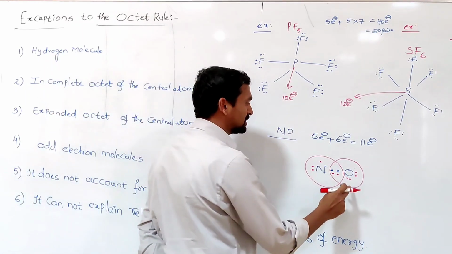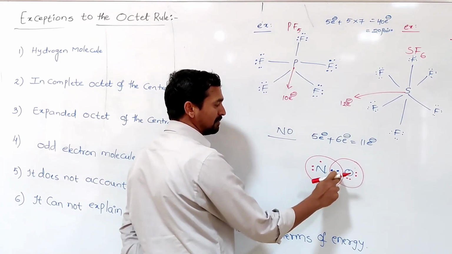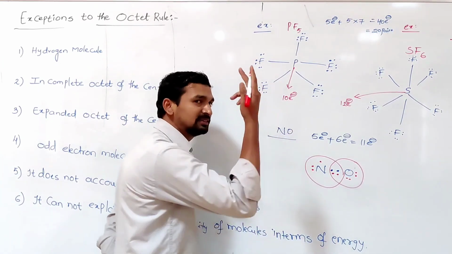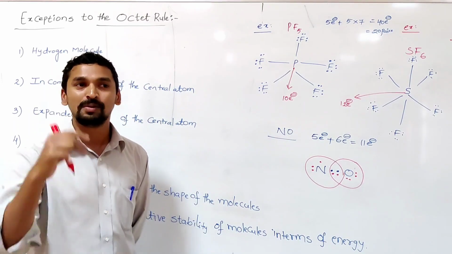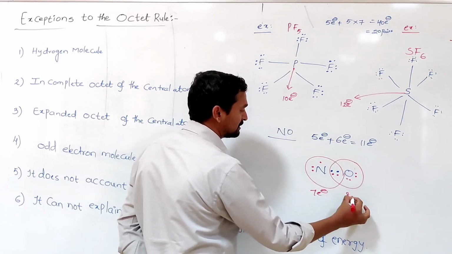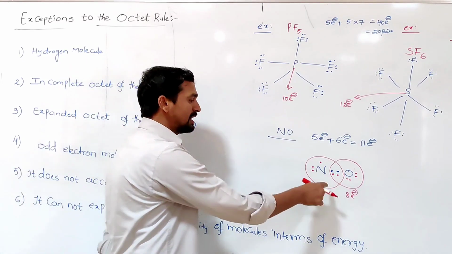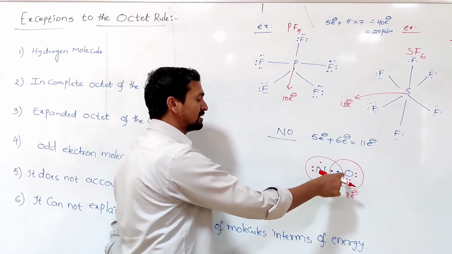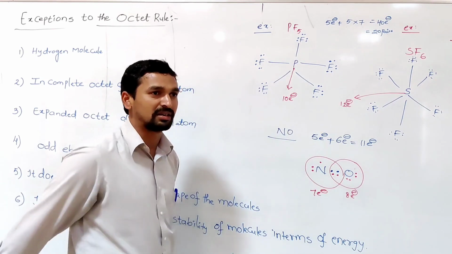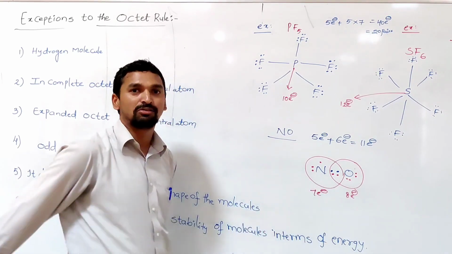Suppose somebody raises the question, sir, I will keep one more electron pair here between the nitrogen and oxygen. Oxygen can only form how many bonds? 2 bonds only. That's why here 7 electrons are there and here 8 electrons are there. This is nitric oxide. In nitric oxide, nitrogen has 7 electrons around it, and oxygen has 8 electrons. Oxygen can satisfy the octet configuration, but the nitrogen does not obey the octet rule.